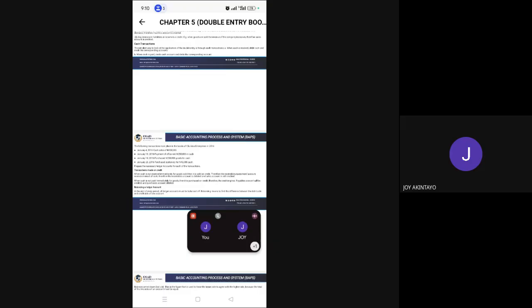Okay, good. So now let's take the first transaction we have here. The first transaction says we have cash sales of how much? 900,000 naira. So we come here. Let me share my screen here also so you'll be able to see.